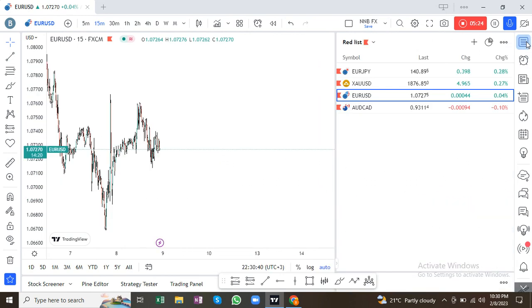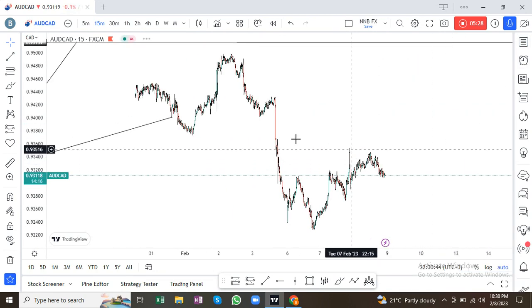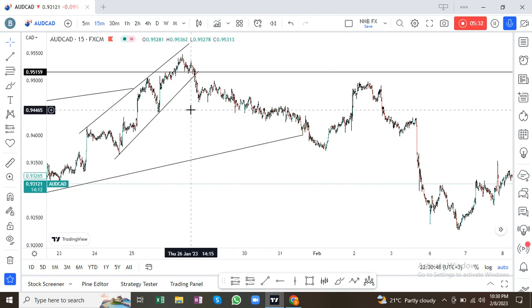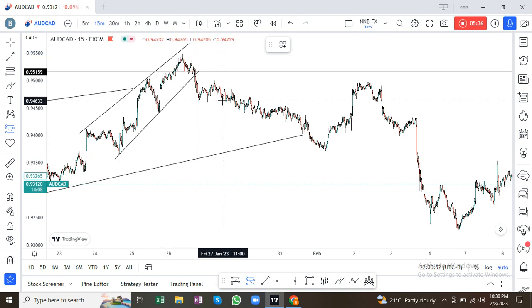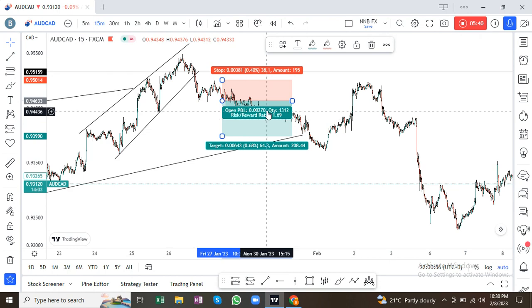I'll show you another example on Australian dollar against the Canadian dollar. This one also I didn't enter because there was another trade which I entered from this area down here, and I didn't want to add more position to it.